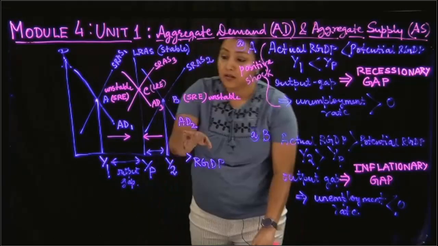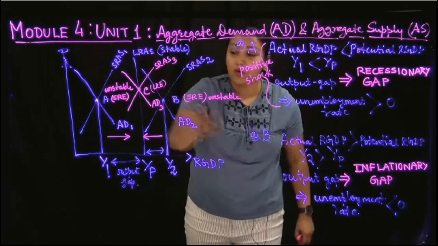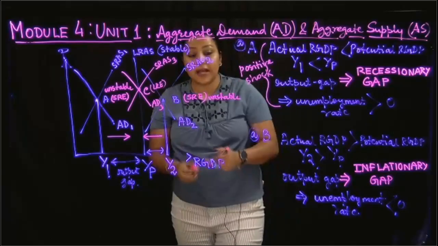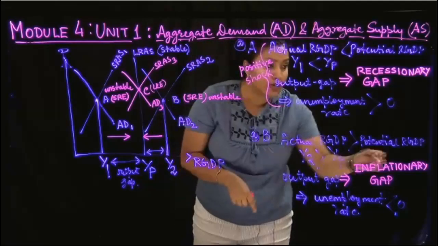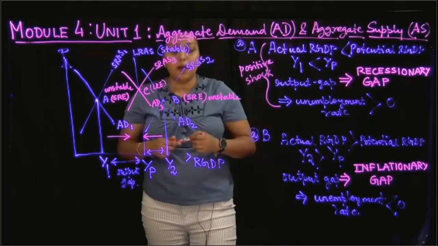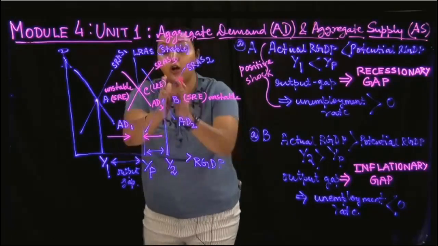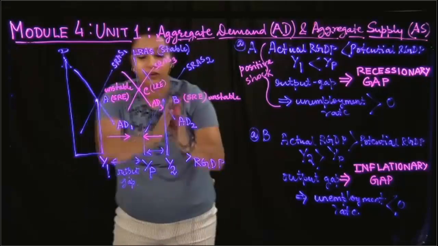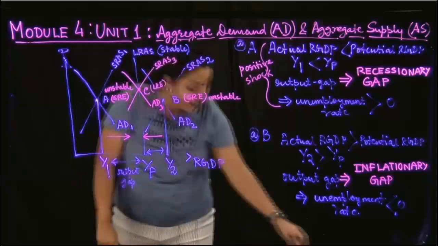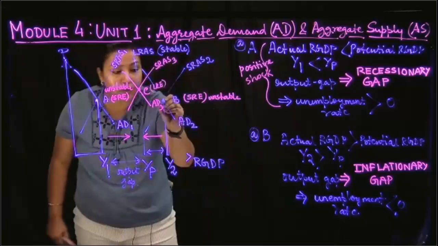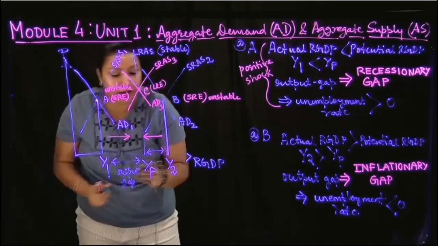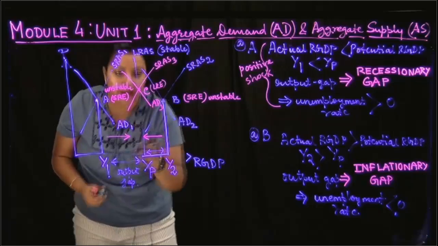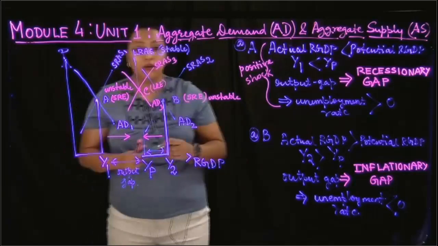Okay. Similarly, if the economy was at a point like B, then that gap, the inflationary gap, could be removed by shifting the economy leftward, right, going from here to there. And as that happens, that gap, the inflationary gap, would get removed because your economy would go in that direction. So it would come here, isn't it?